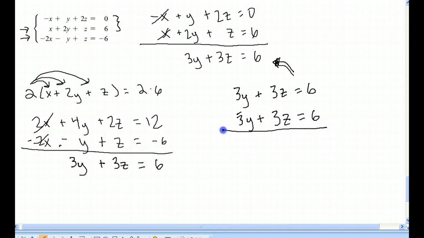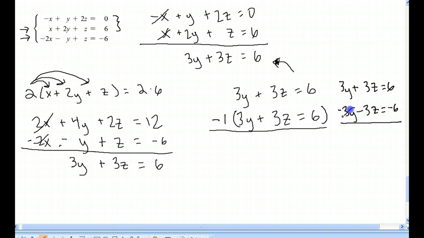And just like before, if I multiply both sides of the equation by negative 1, I get negative 3y minus 3z equals negative 6. Alright, now everything cancels. The y's cancel, the z's cancel, leaving me with 0. And then 6 minus 6 is also 0.